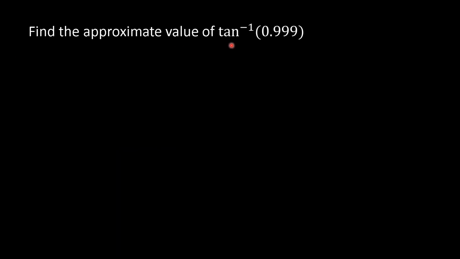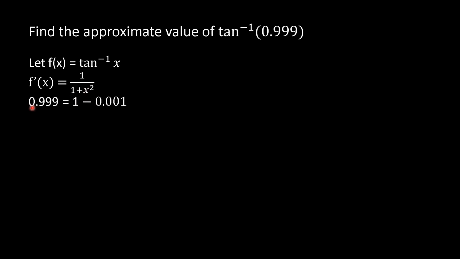Find the approximate value of tan inverse of 0.999. We will assume f(x) equals tan inverse of x. Its derivative f dash x will be 1 divided by 1 plus x squared. We will split 0.999 as 1 minus 0.001 and write a equals 1 and h equals minus 0.001.